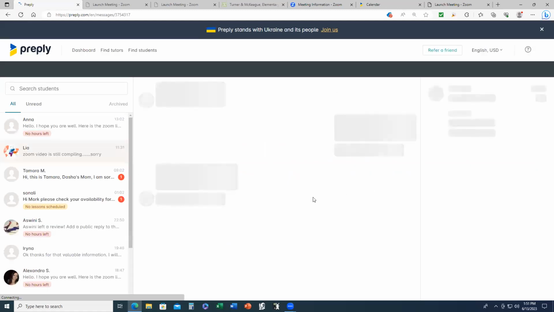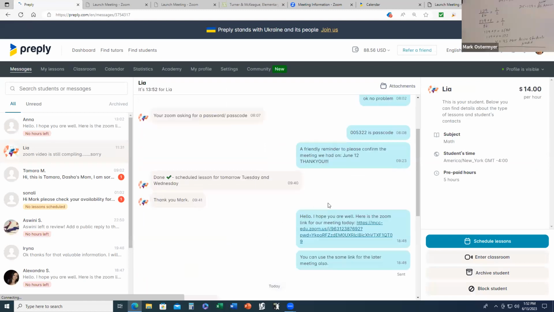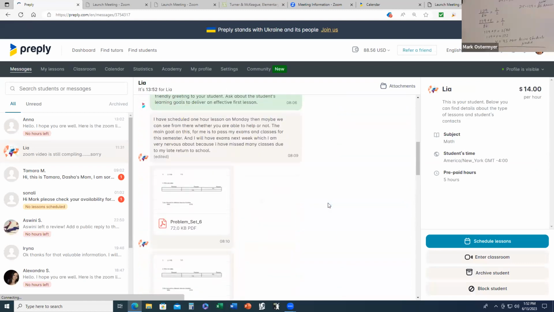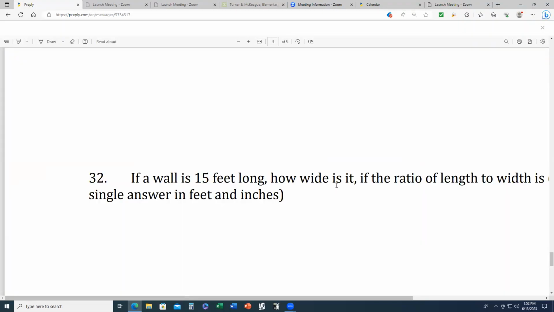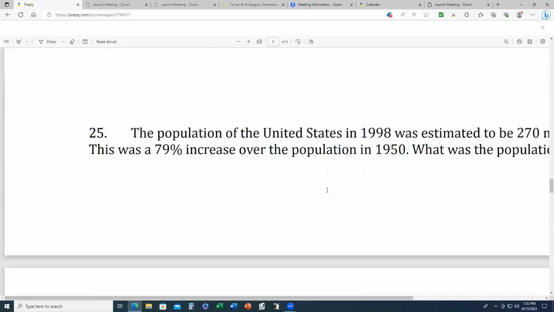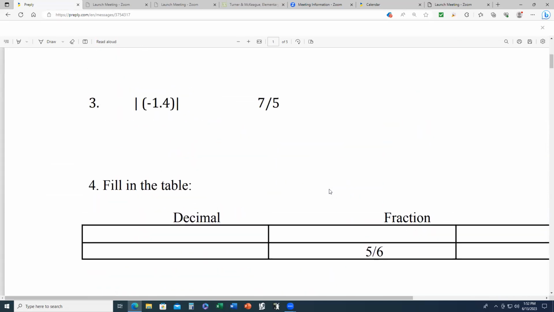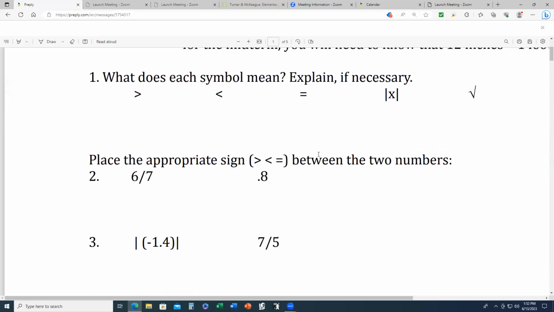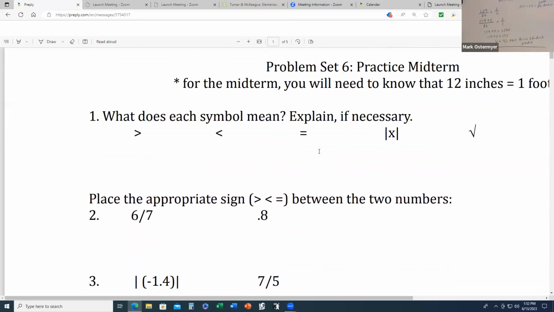Hold on. Did we do problem set 6? We haven't done classwork 6. No, we did this one. Wait, this is 6 right here. We did this one. I remember this one.